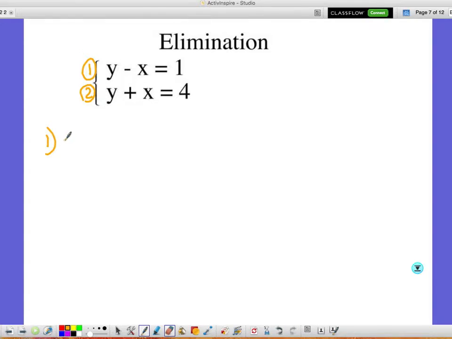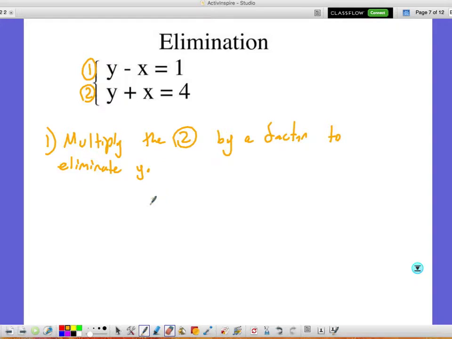First step is to multiply the second equation by a factor to eliminate y. Okay, so I need to multiply this second equation by a factor to eliminate y, and then add equation 1 plus equation 2. Alright.